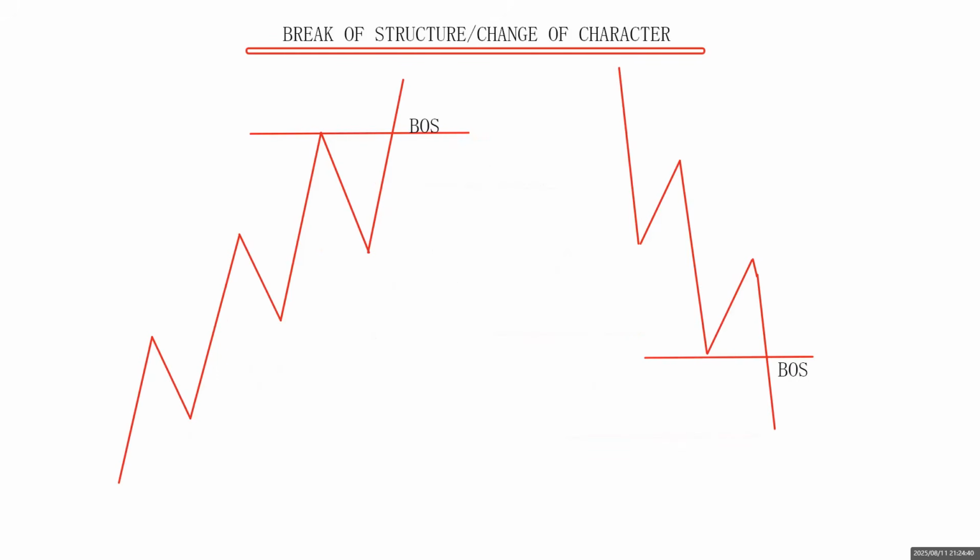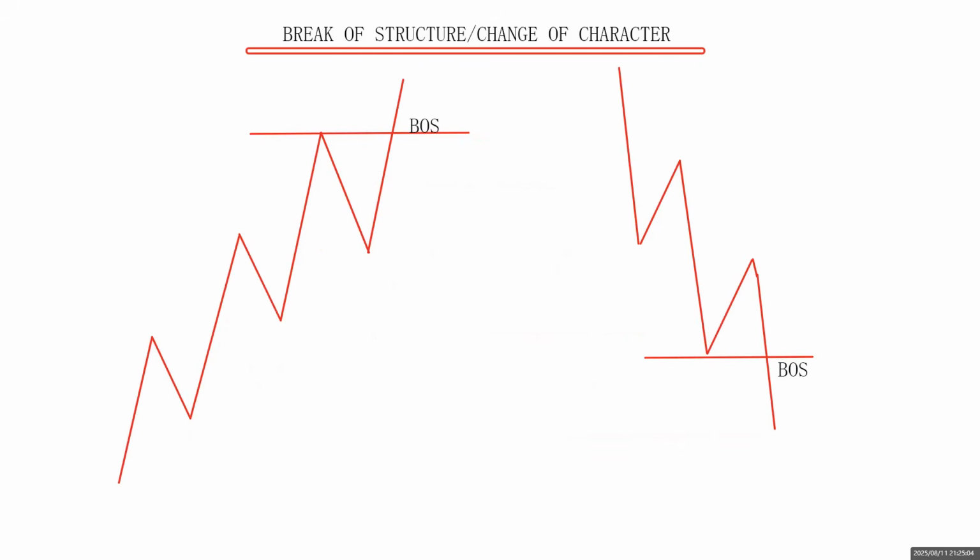Now, when we are talking about break of structure, it means that price is still continuing in that overall character. For example, on the left side, these are clear bullish characters of higher highs and higher lows. So if we see a break of structure, it means price just went ahead to create another higher high.